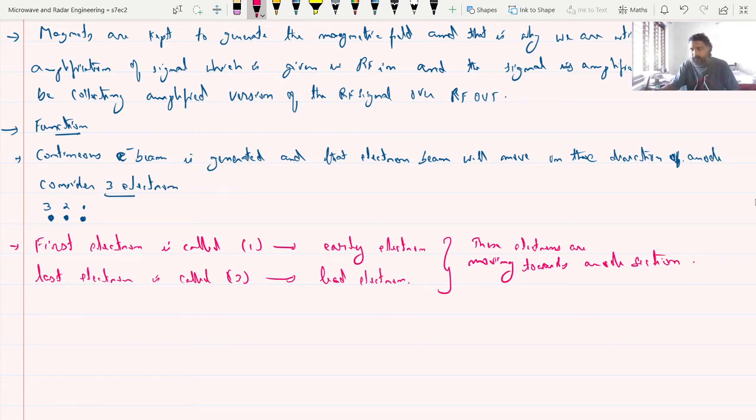At the same time, what we are giving is an RF input signal.